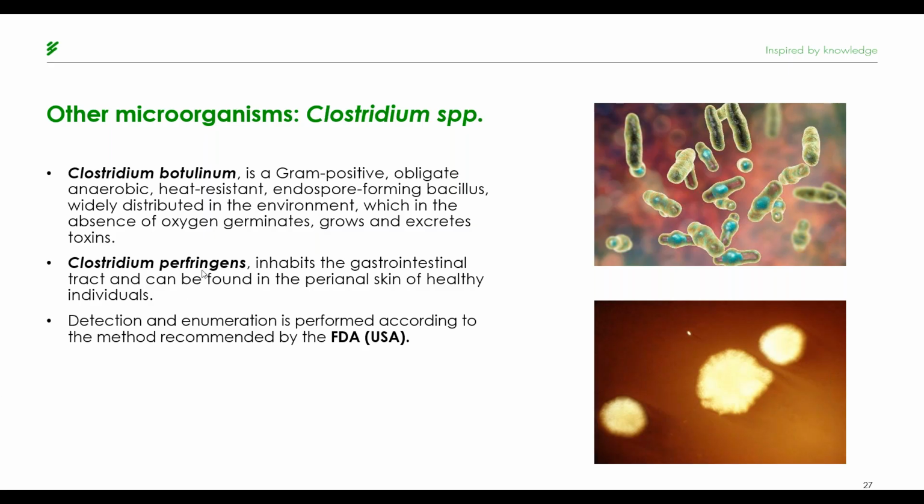In the case of Clostridium perfringens, it inhabits the gastrointestinal tract of humans and animals and can be found in the perianal skin of healthy individuals. So they can be used as an indicator of bad hygienic practices during the manufacturing process of cosmetic products. The detection of these bacteria is performed using the recommended method of the FDA, the Food and Drug Administration of the United States.